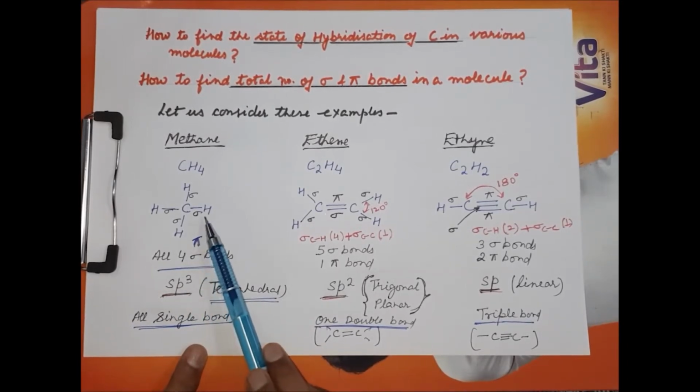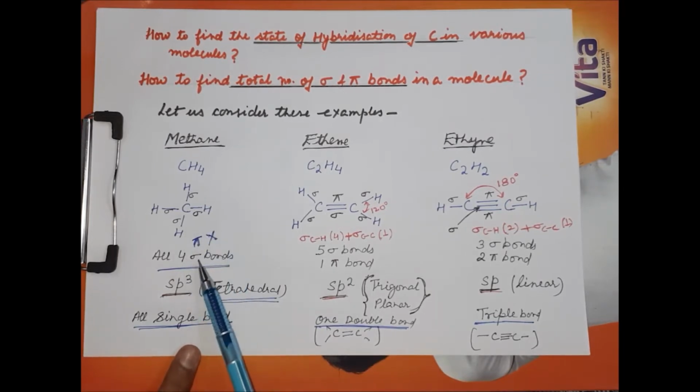In this methane, because all the bonds are single, all these C-H single bonds will be sigma bonds, and all such carbons which have only single bonds are in the sp3 hybridized state and the shape is tetrahedral.